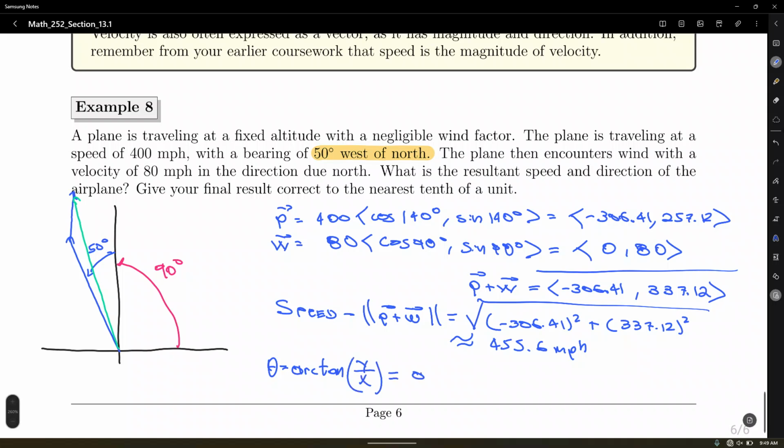So which is arctan of 337.12 over negative 306.4. That's going to give us approximately, initially, 47.73, right? However, we have a problem with this.